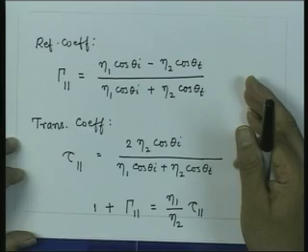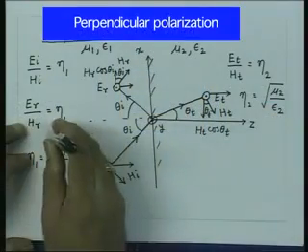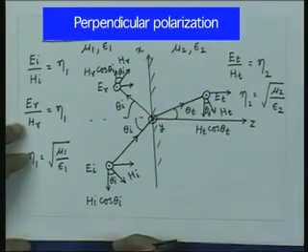Now, one of the special cases of this would be that if I take the perpendicular polarization case, and if I make this angle 0, we get the special case which is the normal incidence case.